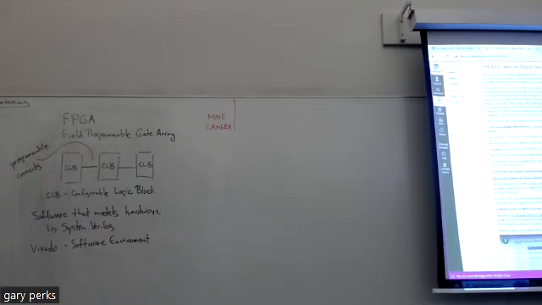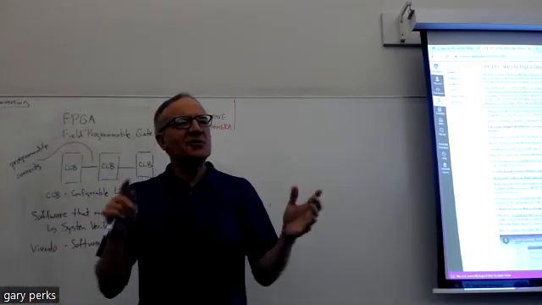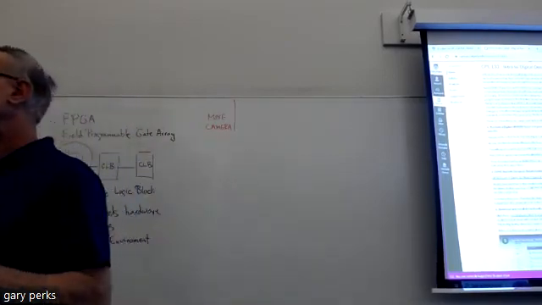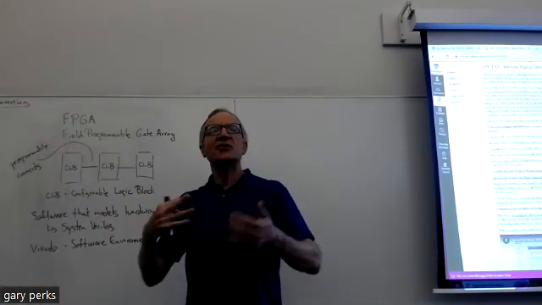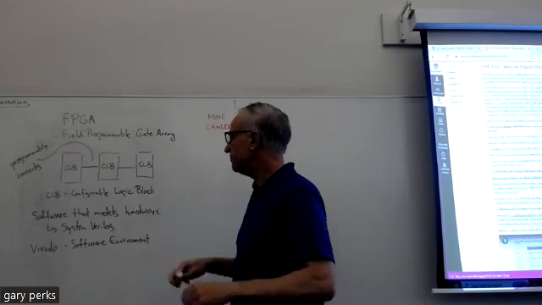You're writing code that is modeling hardware. A lot of times that's really hard for someone to understand, especially at the beginning, because like I said, it's going to look just like C or some other high-level language. But as we go through the quarter, I think you'll see what the difference is.